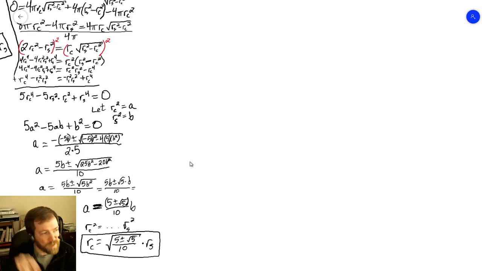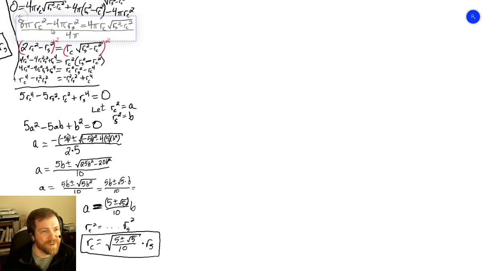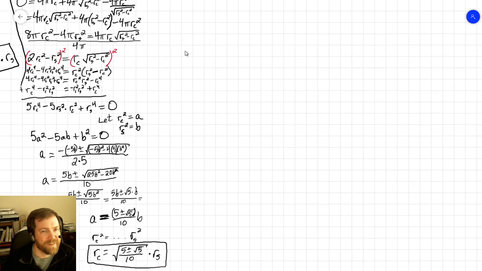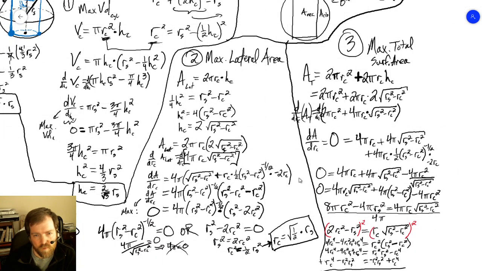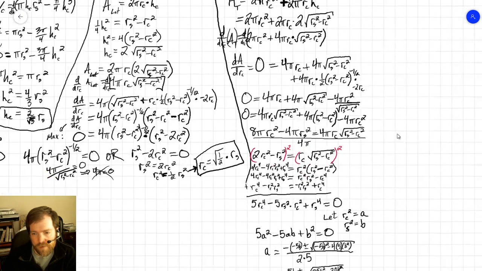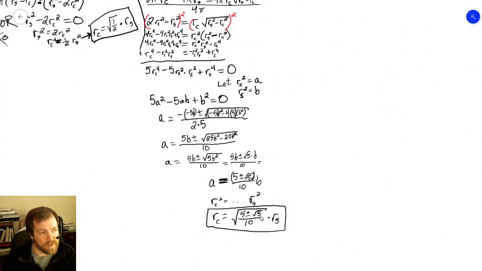All right, and then we can also backfill to find height of the cylinder as well, if you got that. Oh no, I grabbed it. That was a mistake. Okay. So we wanted to look at what happens if the max total surface area, we have the radius of the cylinder now is this value, just two potential values, which makes it kind of interesting.